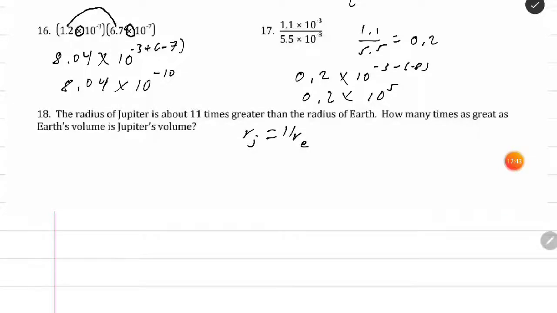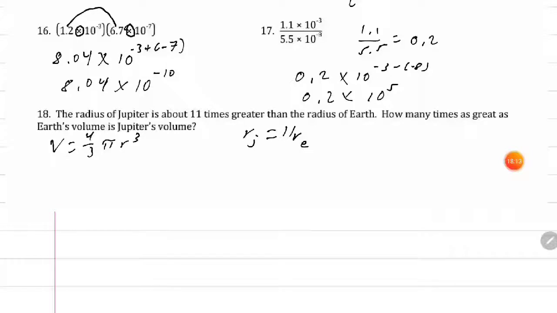Jupiter's big. Now, this is a while back, but the volume of a sphere is equal to 4/3 pi r cubed.